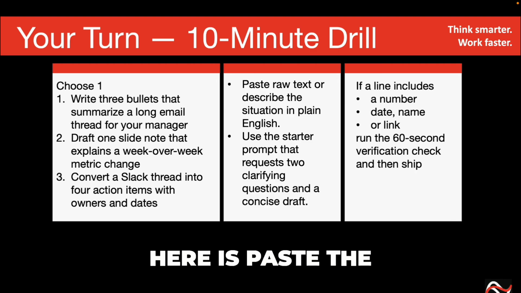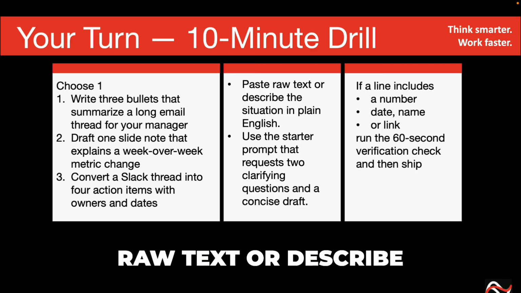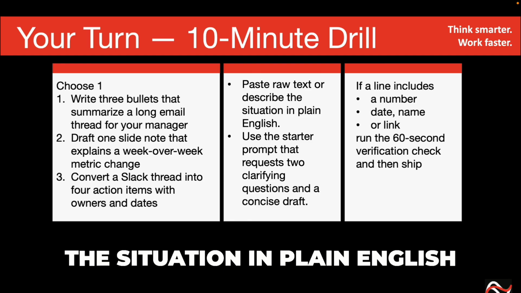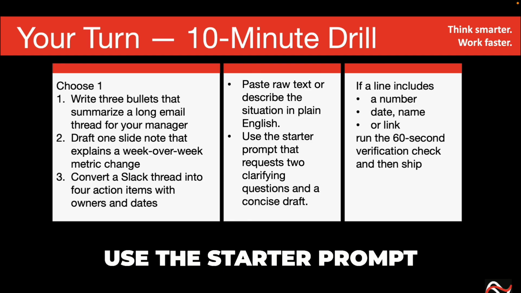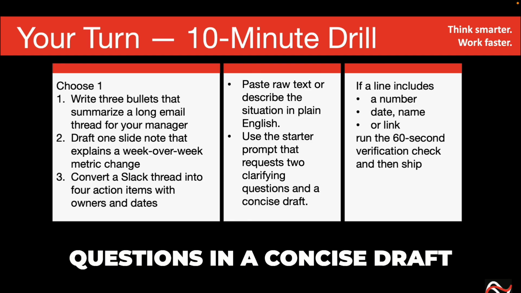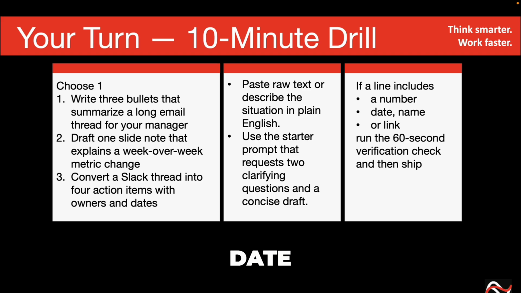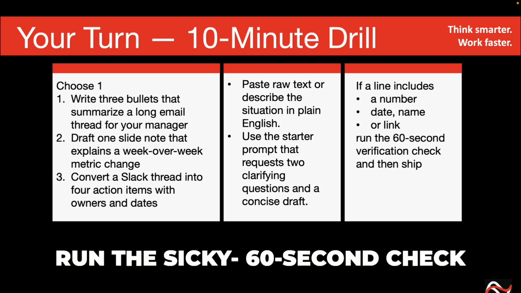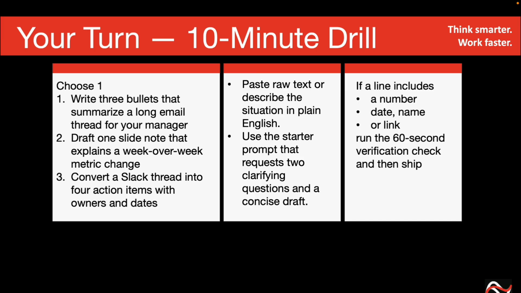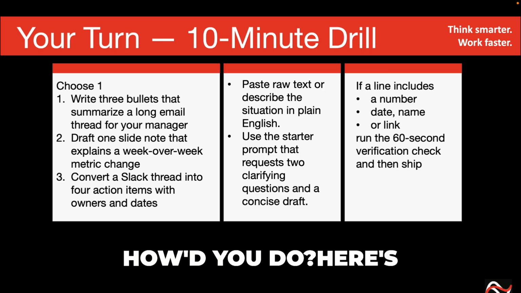What you want to do here is paste the raw text or describe the situation in plain English. Use the starter prompt that requests 2 clarifying questions in a concise draft. If a line includes a number, date, name, or link, run the 60-second check, then ship. How'd you do?